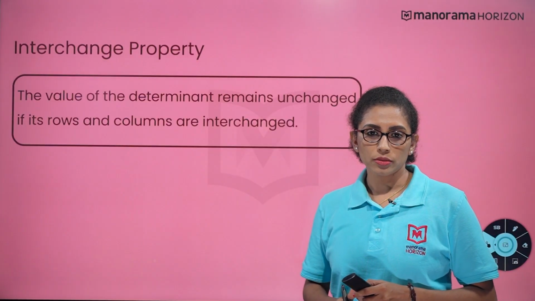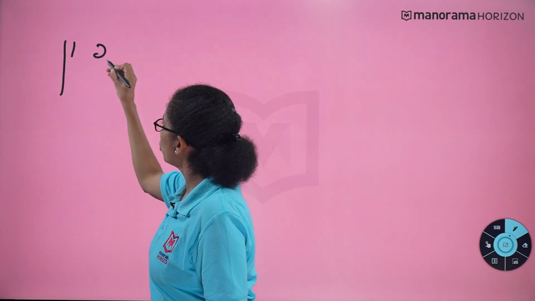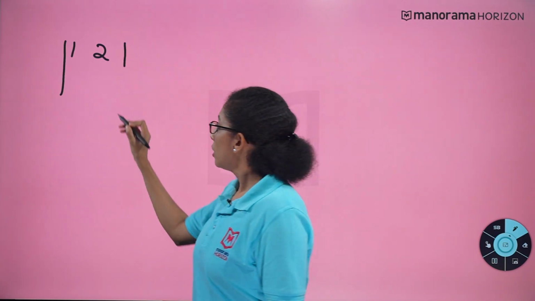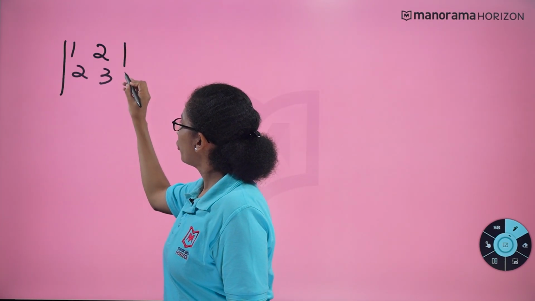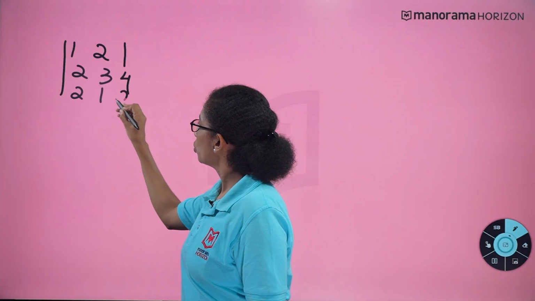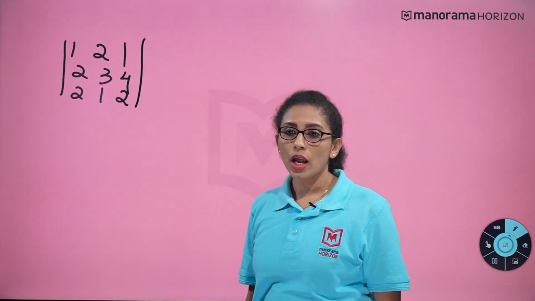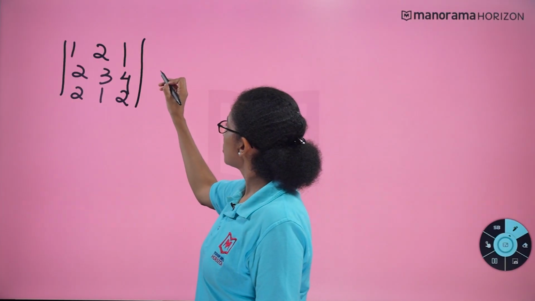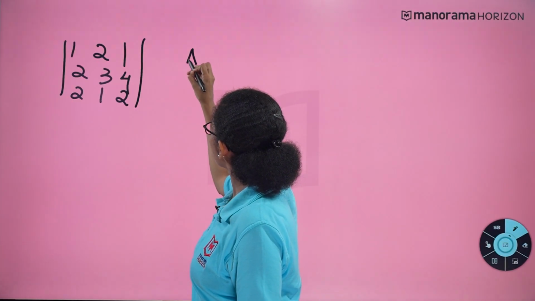Let's see one example. Determinant 1, 2, 1, 2, 3, 4, 2, 1, 2. Now, if I take the transpose of this, let this be A, I get A transpose.